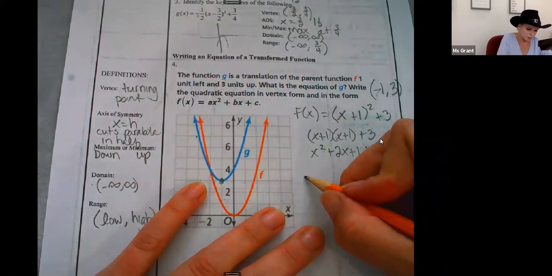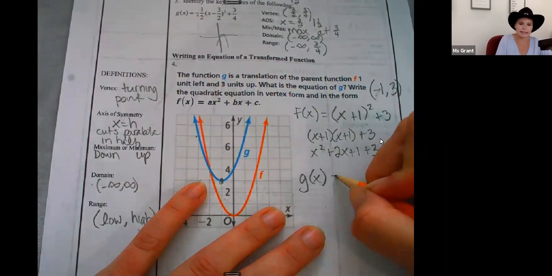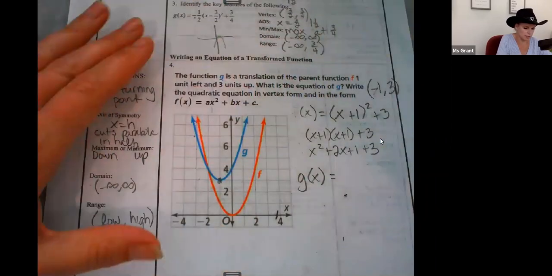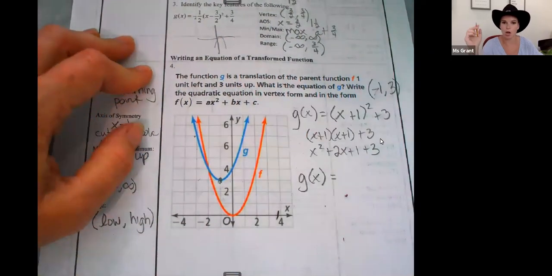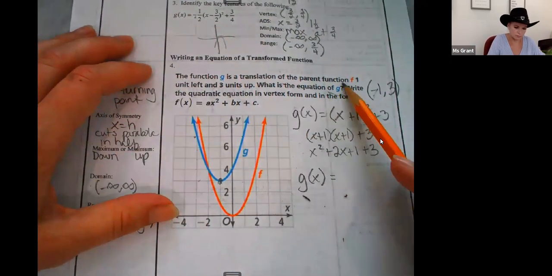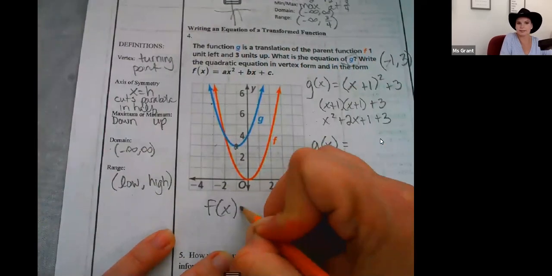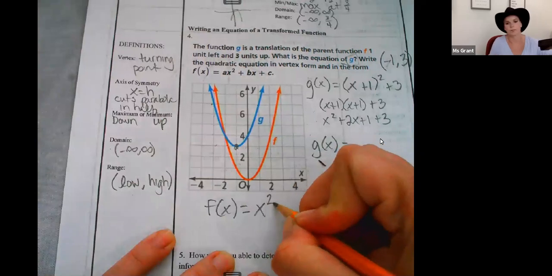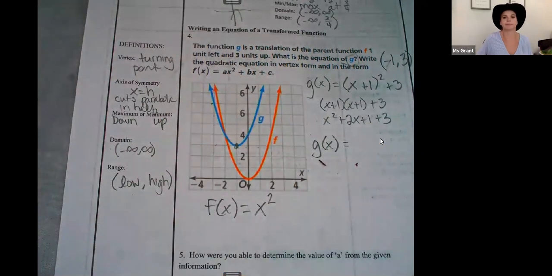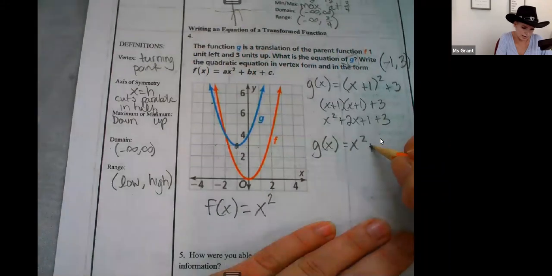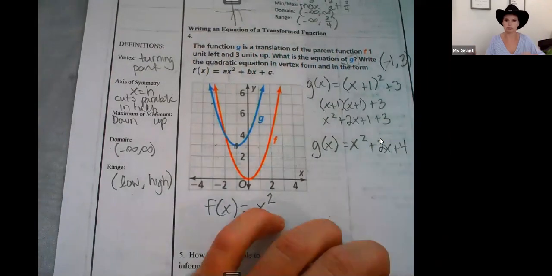So g of x is going to be my translated in standard form. Actually, this should be g of x too, because it said, what is the equation of g? f of x was x squared. g of x is my translated, 1 to the left, 3 up. g of x, standard form: x squared plus 2x plus 4. Awesome.